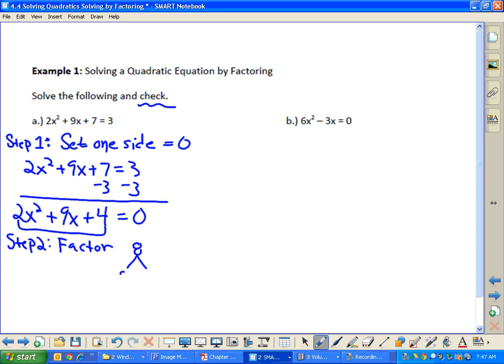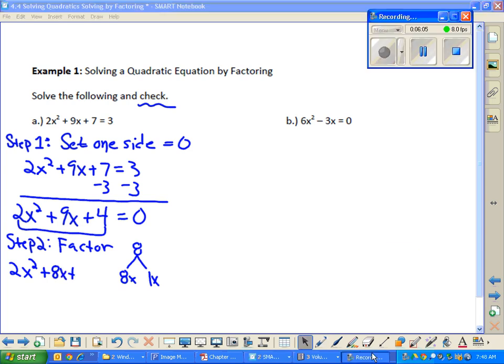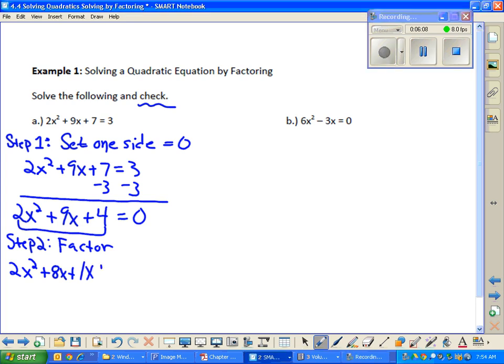That's just going to be 8 and 1. And then I would use this information to rewrite my trinomial in 4 terms so that I could group it. And I do that just by attaching x to each of these guys. Plus 1x plus 4.